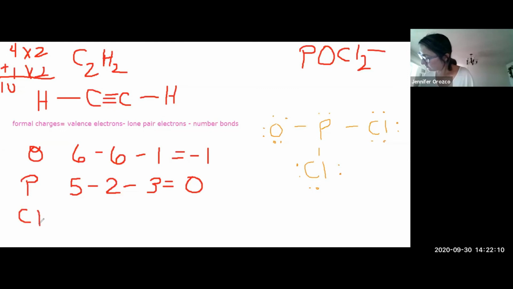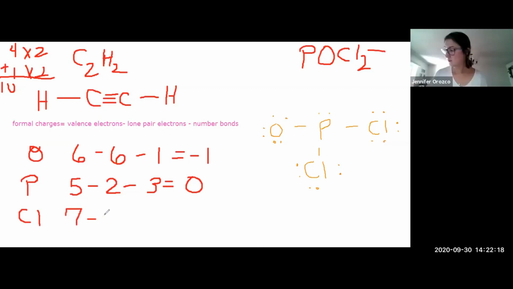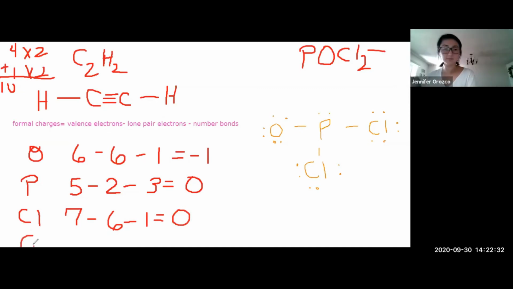Chlorine has 7 valence electrons. How many lone pair electrons? 6. And how many bonds? 1. And the other one would be exactly the same thing.